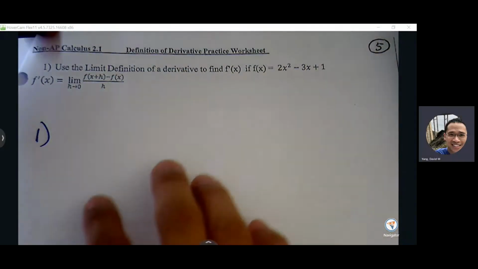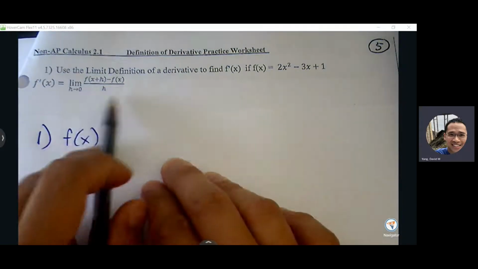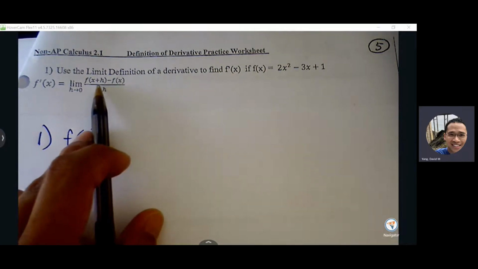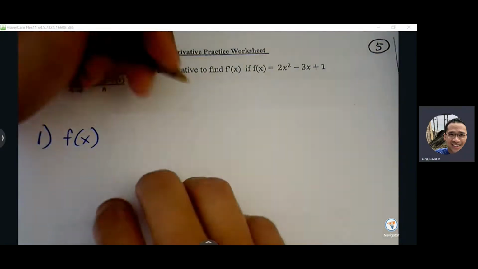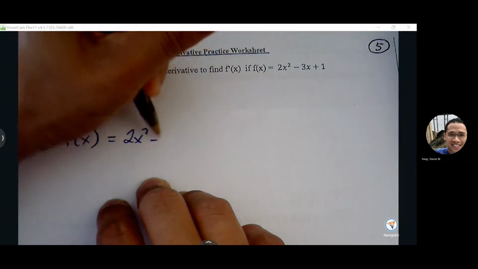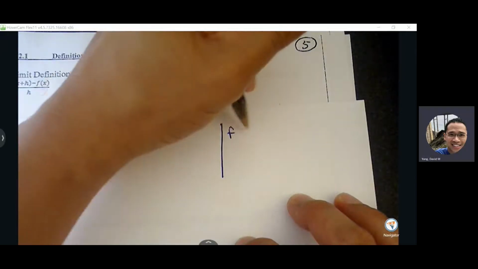Okay, so let's see if we can make our substitutions, right? We know what f of x is going to be replaced with, but let's work on creating the space so that we can build our f of x plus h correctly. So off to the side, here's my function.